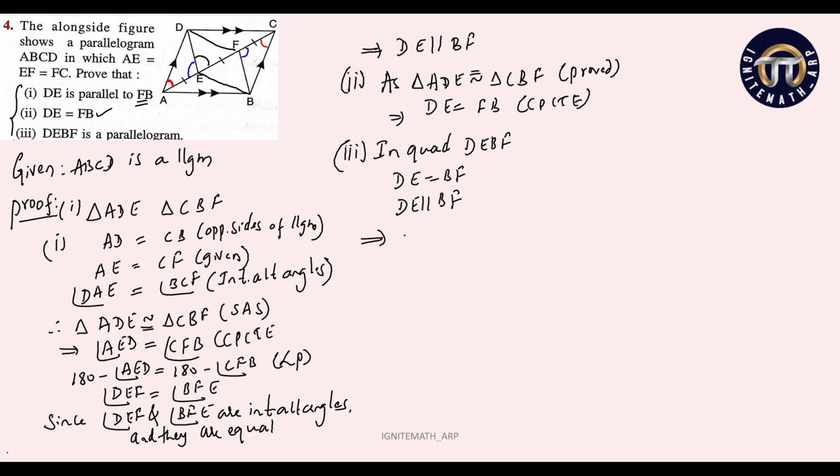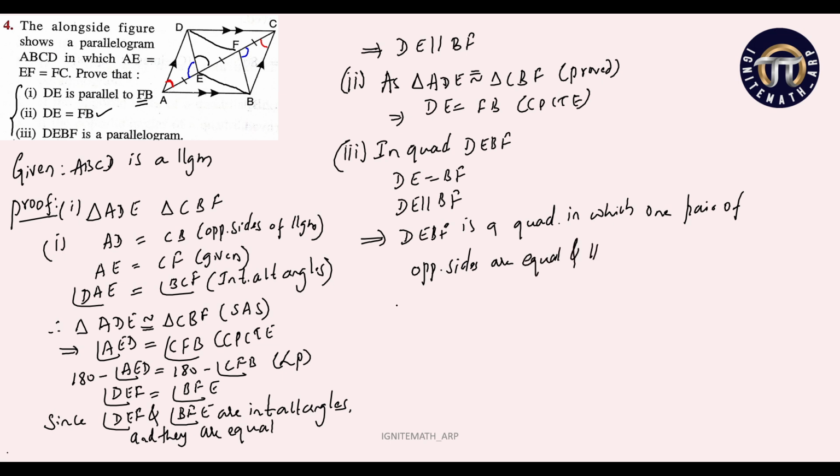So I can say DEBF is a quadrilateral in which one pair of opposite sides are equal and parallel. That implies DEBF is a parallelogram. All those things we have discussed earlier, children. How to prove a quadrilateral is a parallelogram and all, we have already discussed.